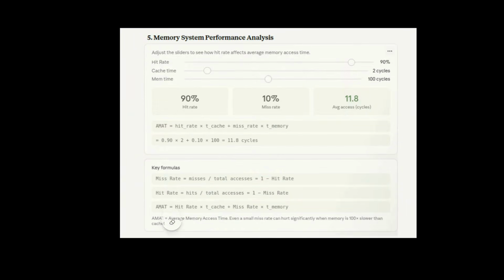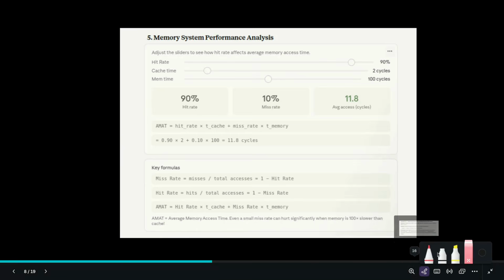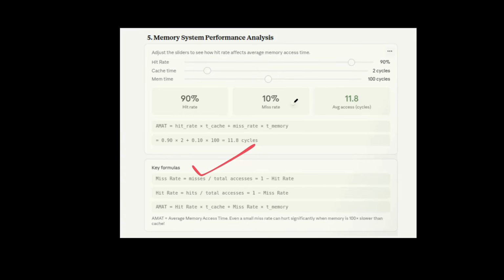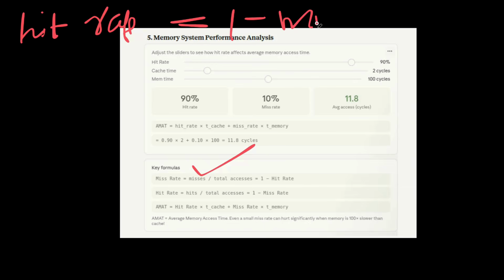Hit rate means the total number of hits divided by the total access, and miss rate means the total misses divided by the total access. Now the relation between hit rate and miss rate is that hit rate is equal to 1 minus miss rate.